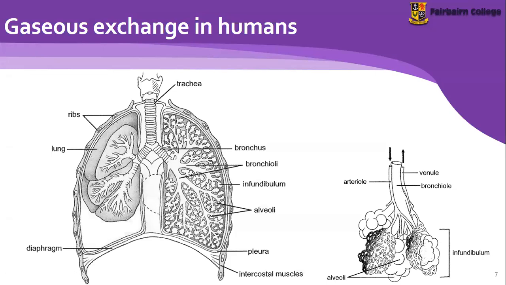The trachea is connected to the air passages, so basically the tubes going from the nose and the mouth, and it brings air into the lungs. It's situated in front of the esophagus, and right above the trachea is the area called the pharynx. The pharynx has a system whereby it sends food down the esophagus and air down the trachea.